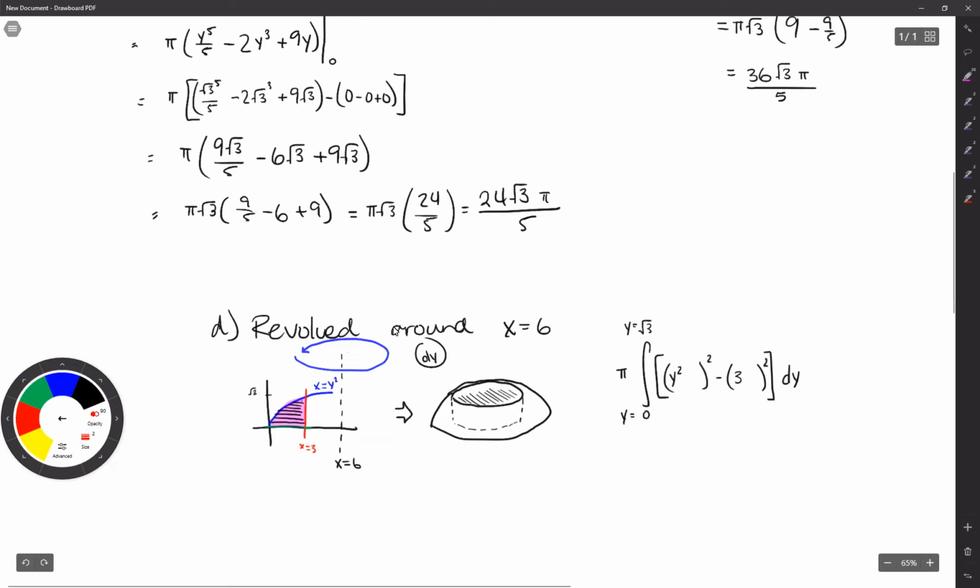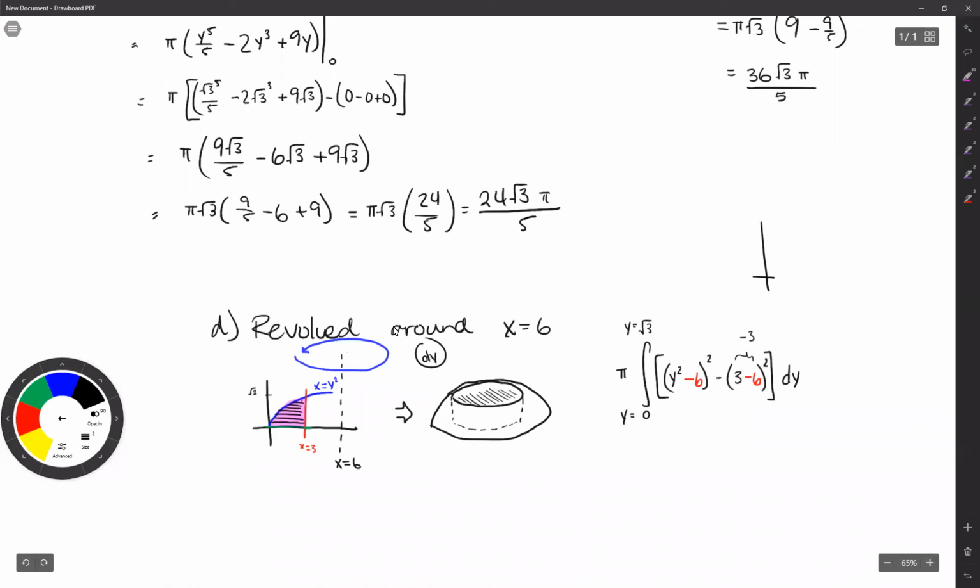Now our axis of rotation is x equals 6. So what I have to add is a minus 6 here and a minus 6 here. And again, if you look at this a little bit, this is going to be negative 3. And so what it sort of represents is shifting everything to the left by 6.